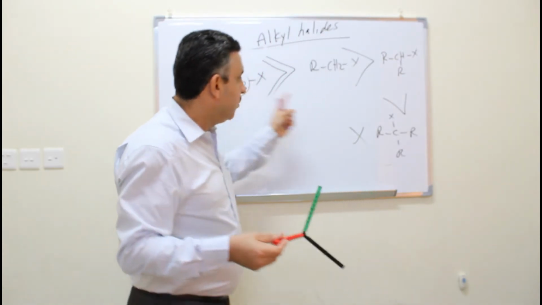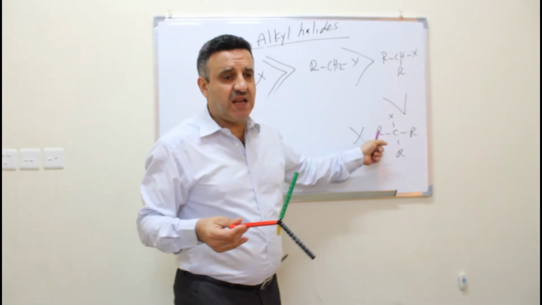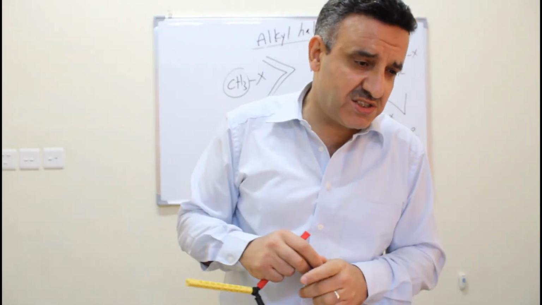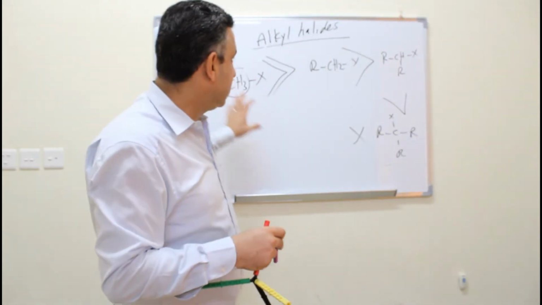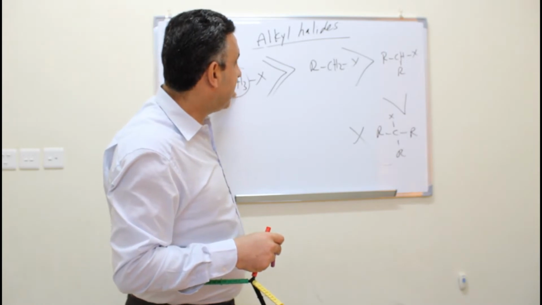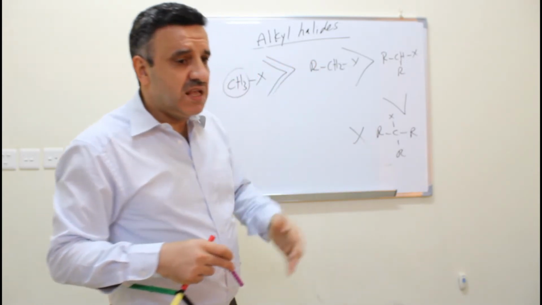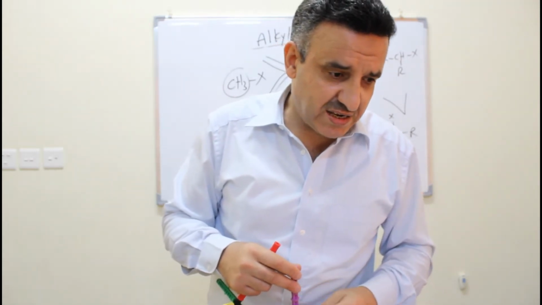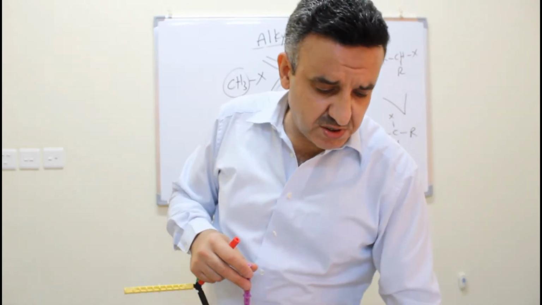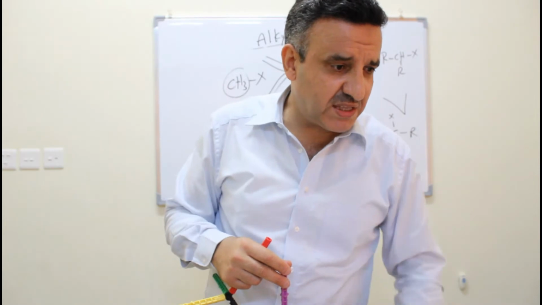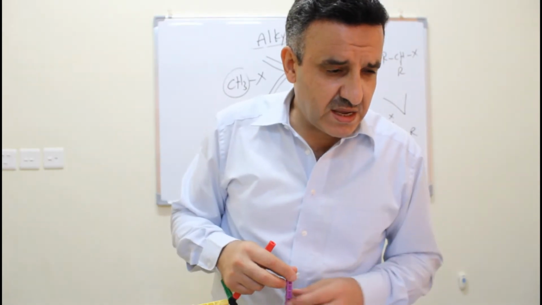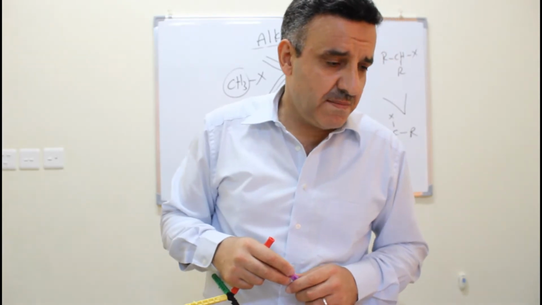That's why the tertiary alkyl halides will never undergo the SN2 reaction mechanism. And as the number of R groups becomes less and less, the reaction rate will be faster and higher. These are the most important aspects and characteristics of the SN2 reaction mechanism.